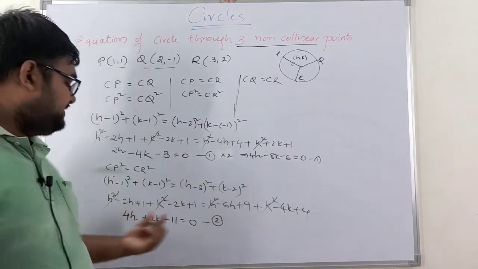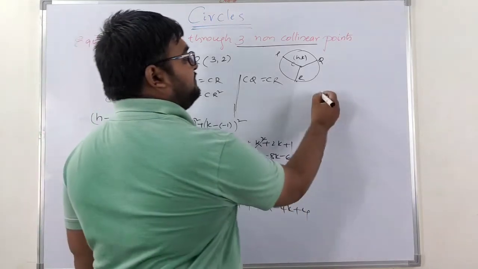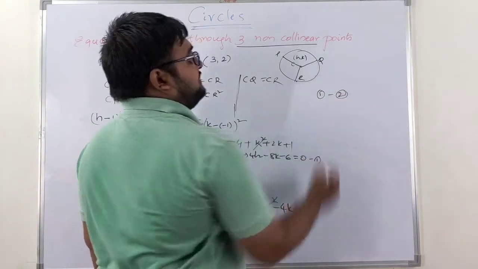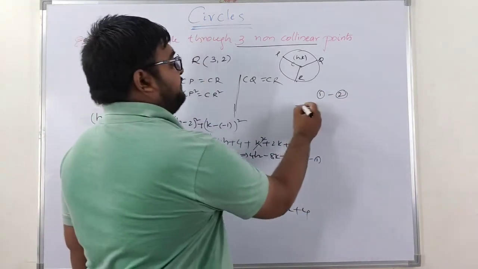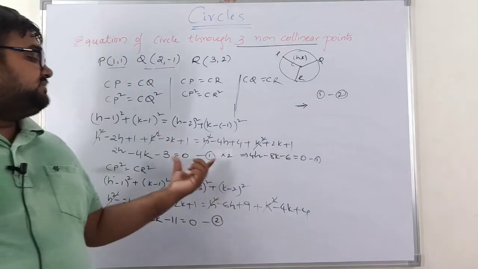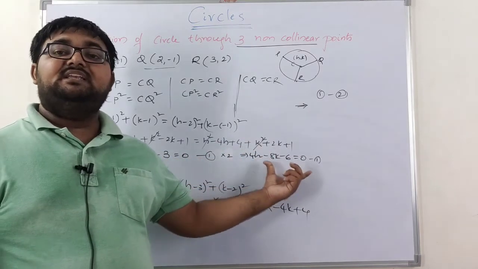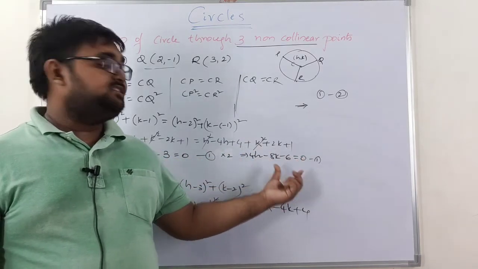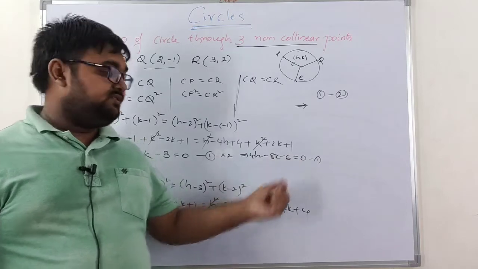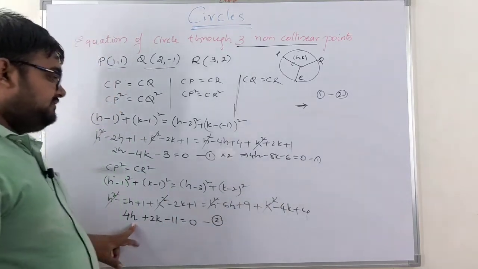So here 4h, here also 4h. Now I need to subtract: equation 1 minus equation 2. For equation 1, you can consider either this or this, but since I need to eliminate h, I am making use of this equation. So 4h minus 4h gets cancelled.